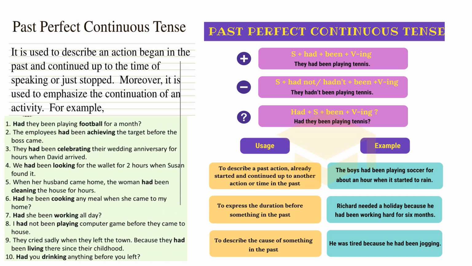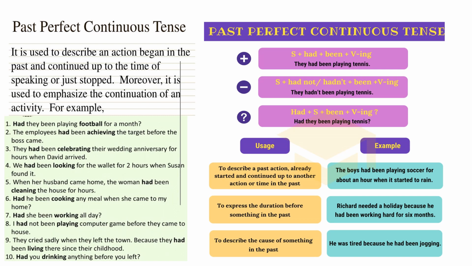Now, if you're looking at the 4th example, just look at this. We had been looking for the wallet for 2 hours, which means they were searching and searching for the wallet. Wallet means purse, children. When Susan found it. Hope you have understood, children, what past perfect continuous tense is all about.